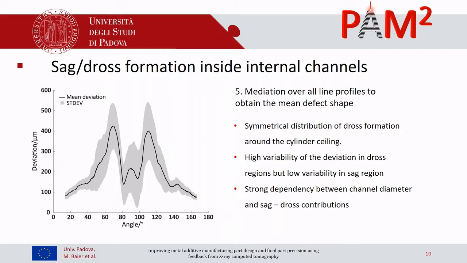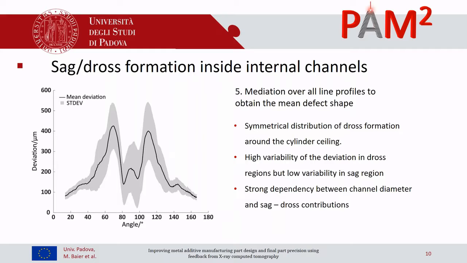As you can see, for example, in the region where you have mostly sag defect, your standard deviation is also much lower compared to the spiky area where you have the highly fluctuating defects due to the dross formation, which is basically in the more overhanging regions. What you can see already here is that you have a quite nice symmetrical distribution around the vertical axis.